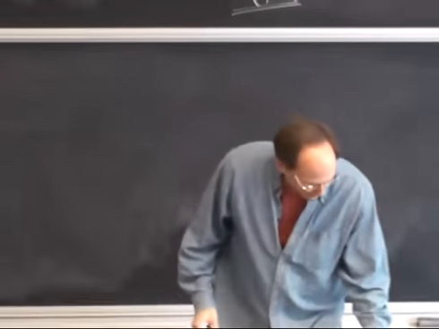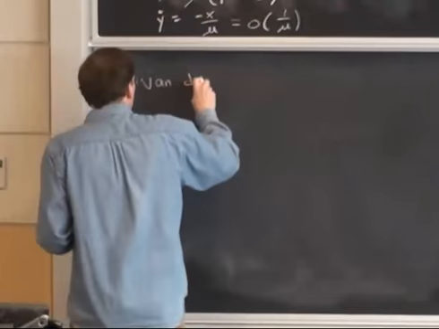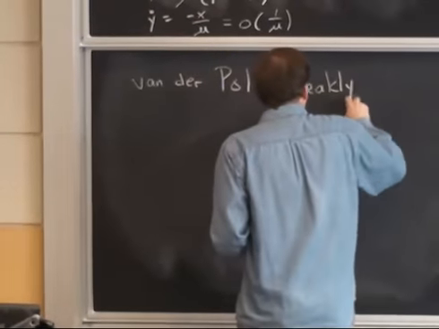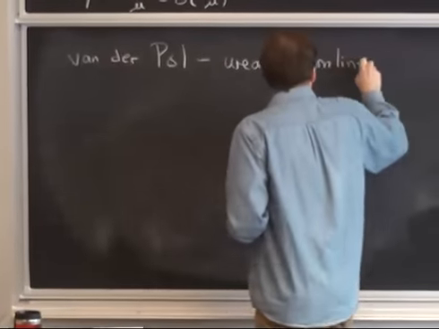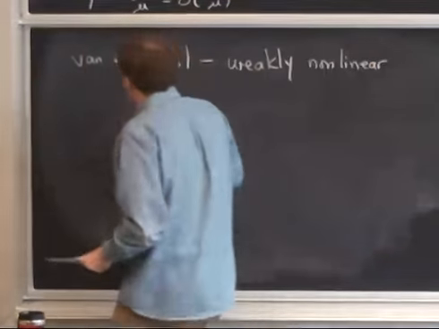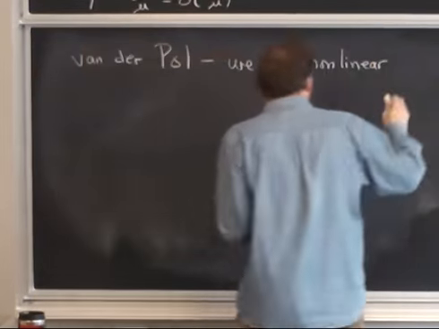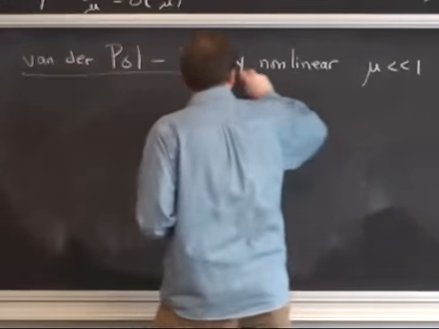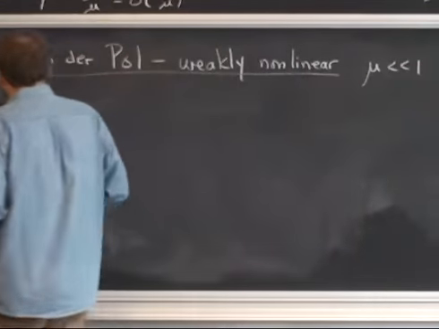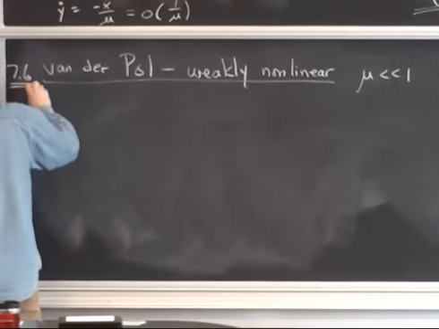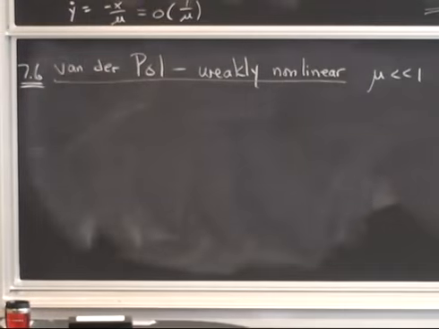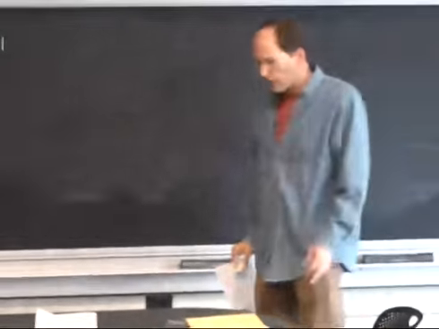So, van der Pol for the weakly nonlinear case. That is, we're now talking about mu much less than 1. This is discussed in section 7.6 in the book. And this part of the analysis is really kind of different from the rest of the course.